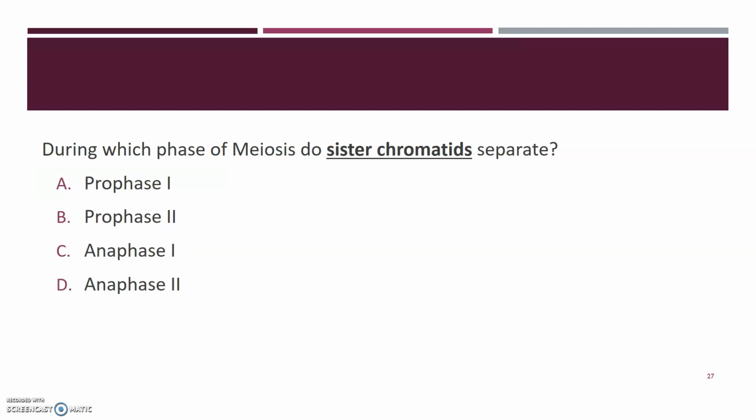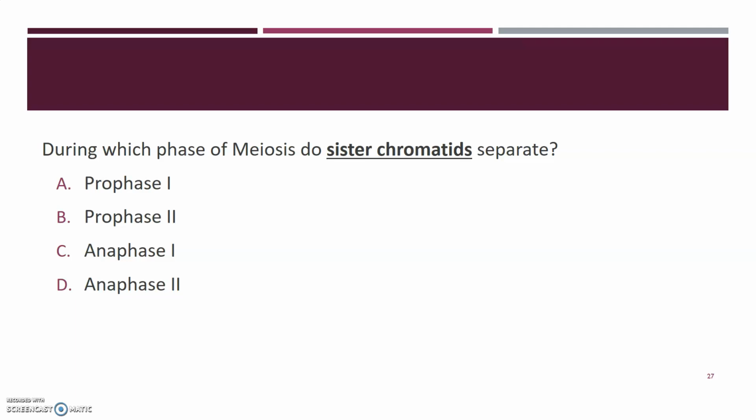Okay. During which phase of meiosis do the sister chromatids separate from each other? Take a second, pause the video, think about it, decide. So you're likely trying to decide between C and D because the separation of DNA happens during anaphase.